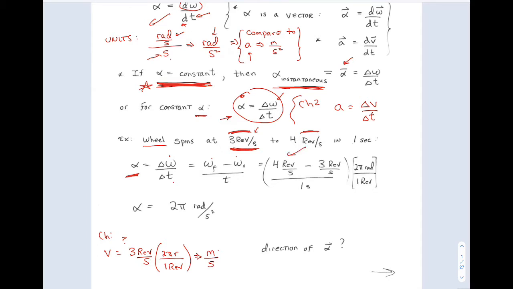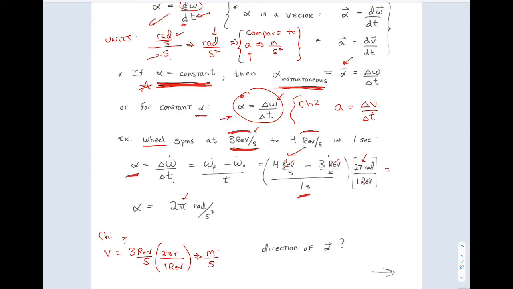It has to be in radians per second. So I did omega final minus omega initial divided by the time over which the change occurred. I had to convert the revolutions. So I said 1 revolution is 2 pi radians. So I'm left with this number in radians per second squared.